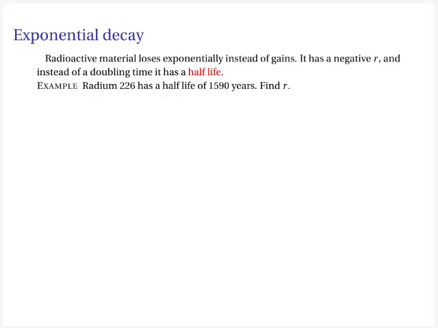Exponential decay. So radioactive material loses exponentially instead of gains. With money in the bank account, you hope that it gains. Same thing with bacteria in the petri dish. With radioactive material, it loses exponentially.